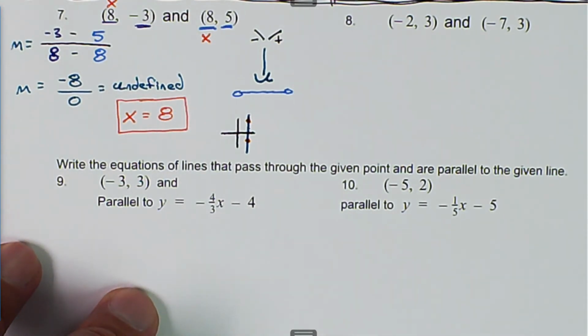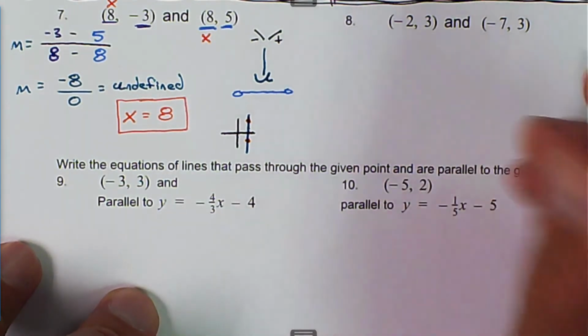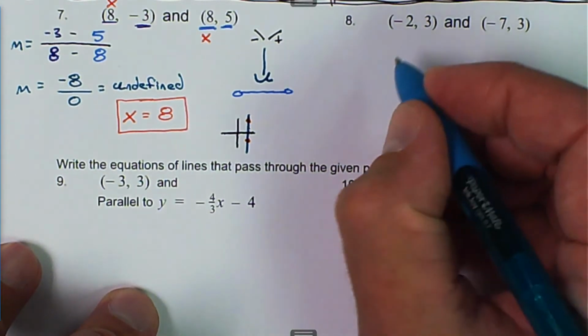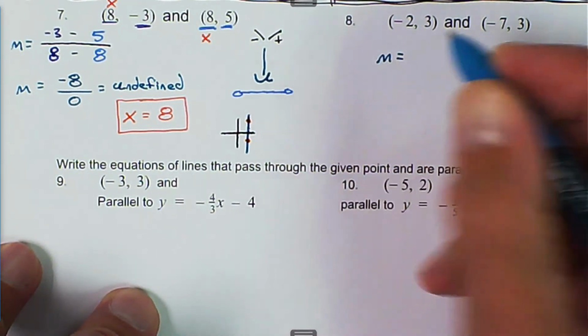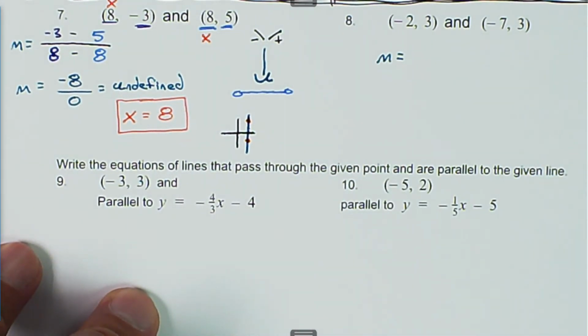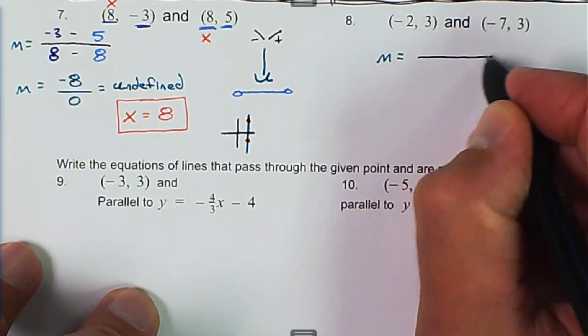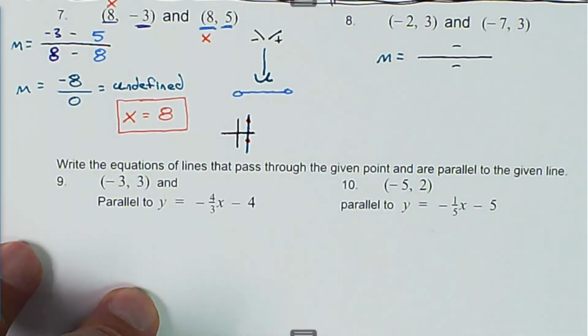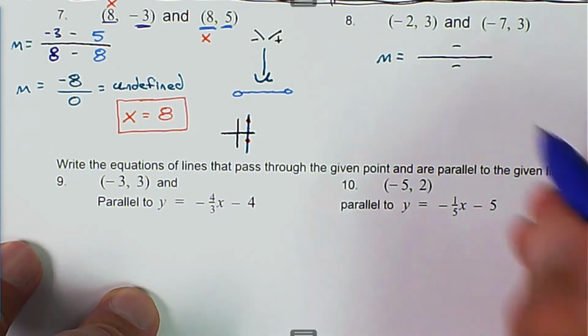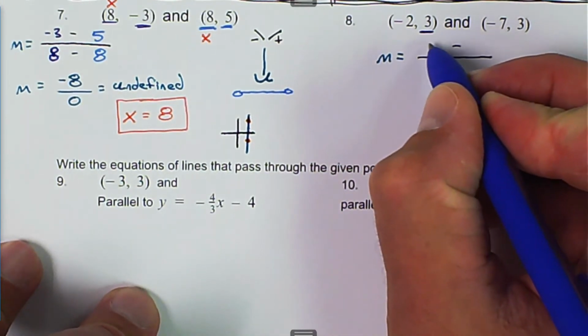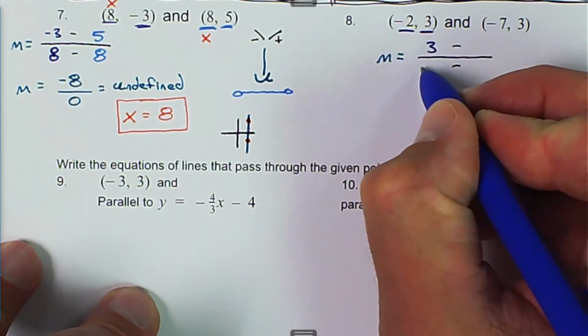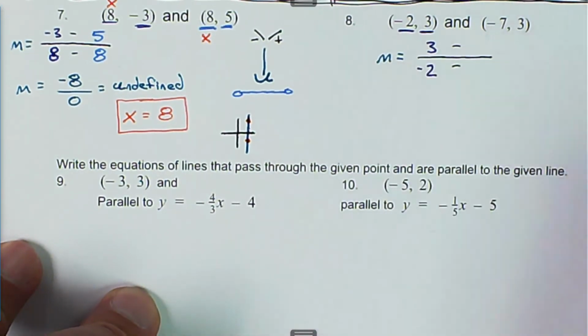Next we come over, we're going to do the same thing for problem 8. So we want to calculate our slope first. So slope is equal to, always have that divide, always have that minus, and then I'm going to substitute my values in. So the Y value is 3, and X sub 1 is -2.